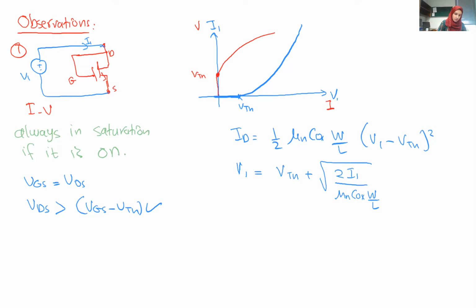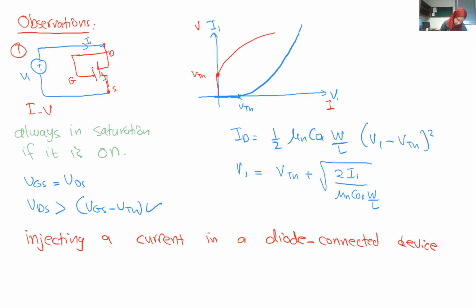Now, the conclusion from this is that injecting a current in a diode connected device generates a voltage.